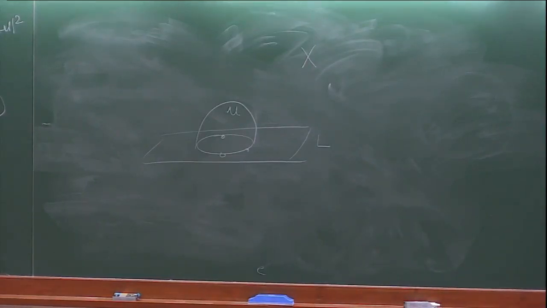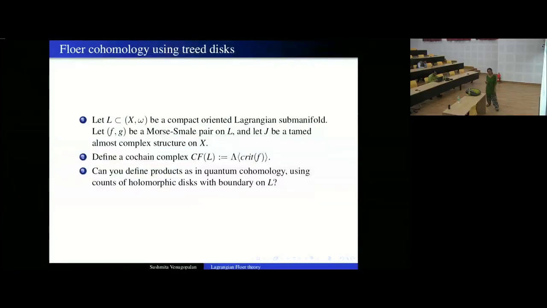So you have a Lagrangian submanifold, and you define a Morse-Smale pair on L. You take an almost tamed almost complex structure. This part is the same as before.